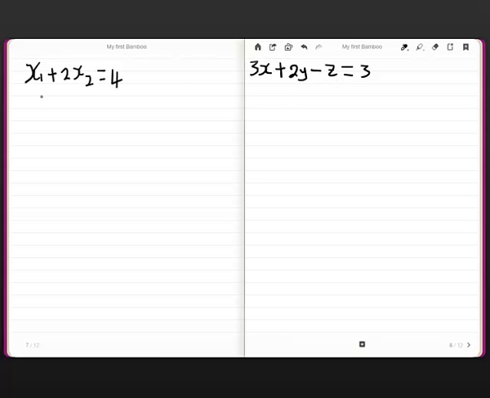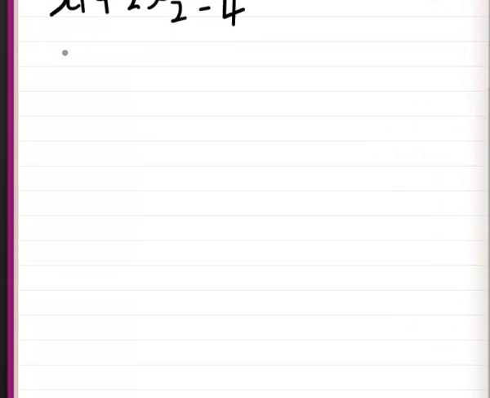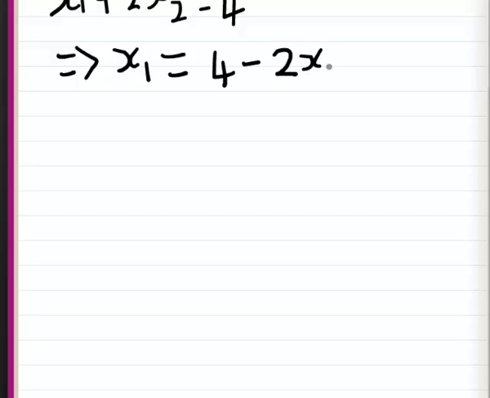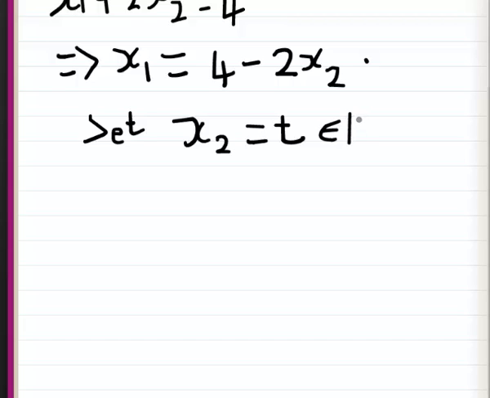Let's start off with this first system. Solving this would give us x1 equals 4 minus 2x2. Okay. So I can go ahead and set my x2 equal to some parameter t, and let's emphasize that t has to be a real number.